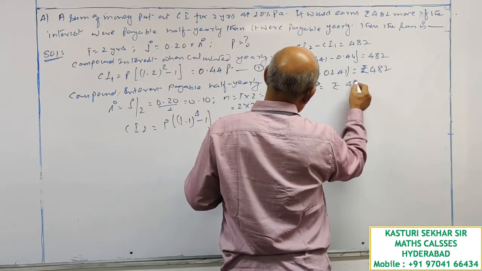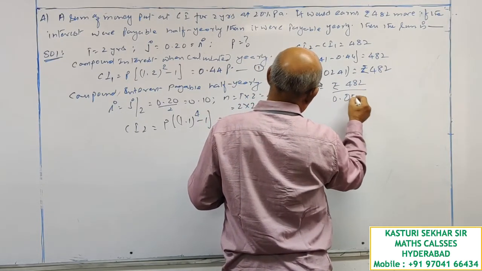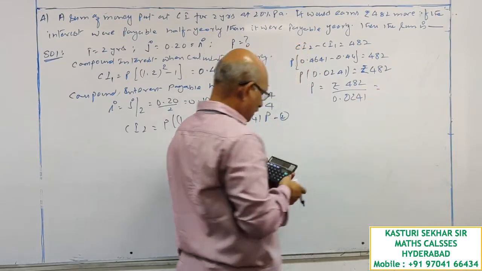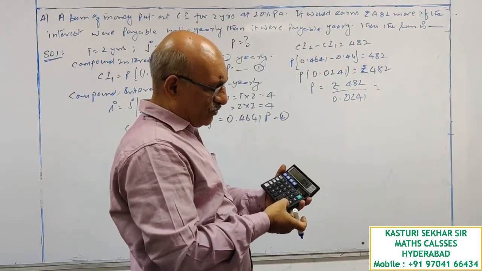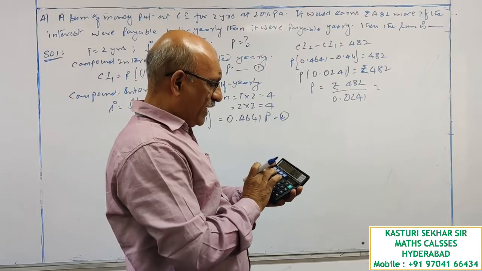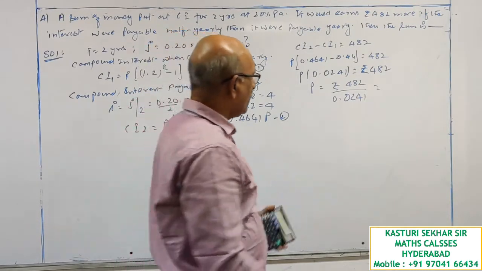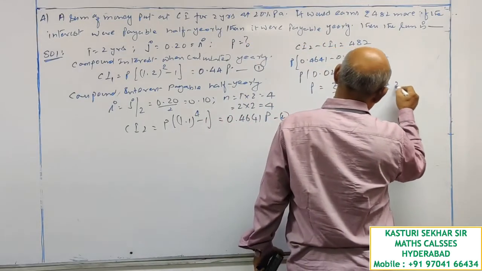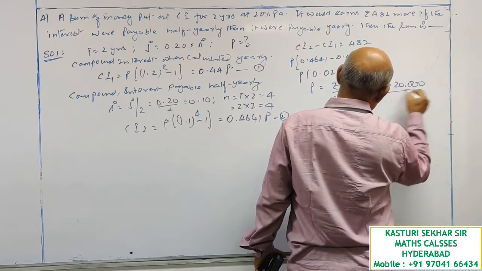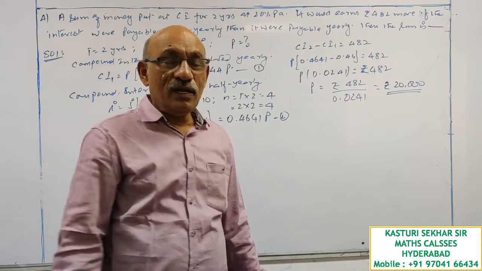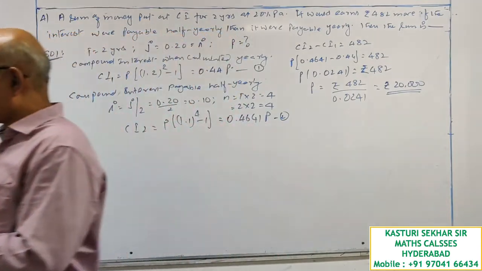Principal is equal to rupees 482 divided by 0.0241, which simplifies to rupees 20,000. What is the principal? Rupees 20,000.